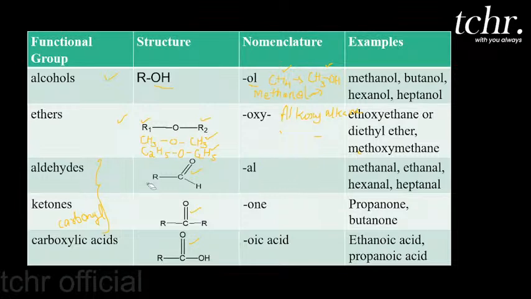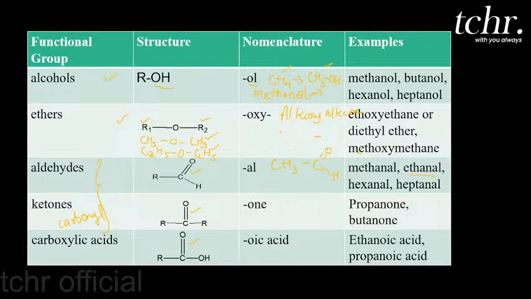Now, a simple aldehyde. Let me take ethanal. Let me try to write the structure of ethanal. Ethanal means how many carbon atoms? Two carbon atoms, correct? So first it is CH3, C double bond O, single bond H. Here you have to count the carbon in the aldehyde group as well.